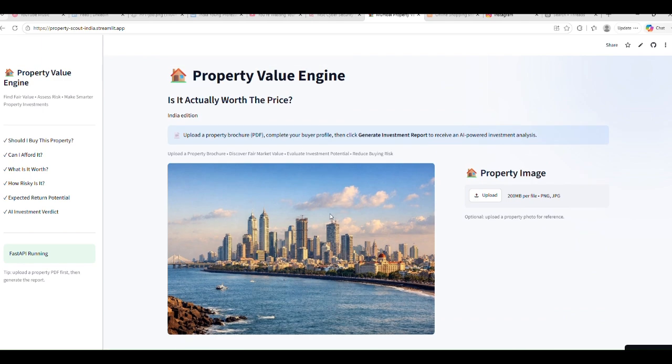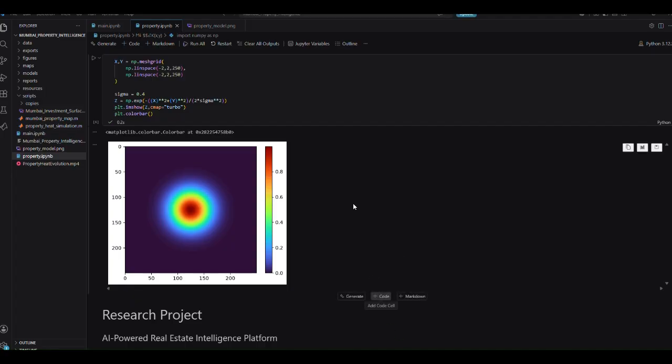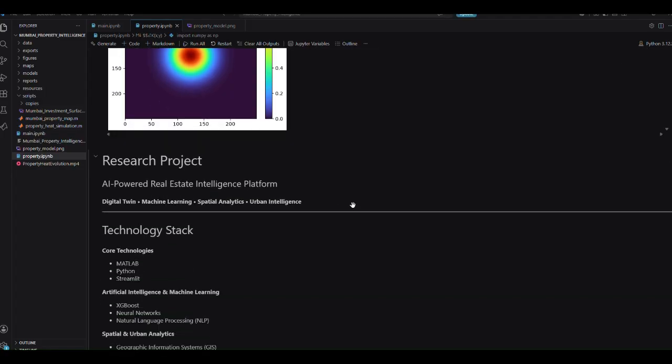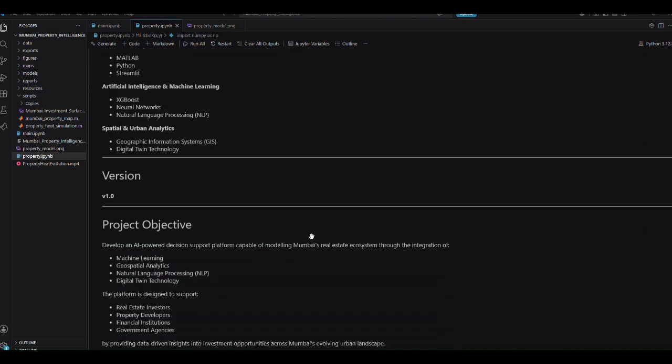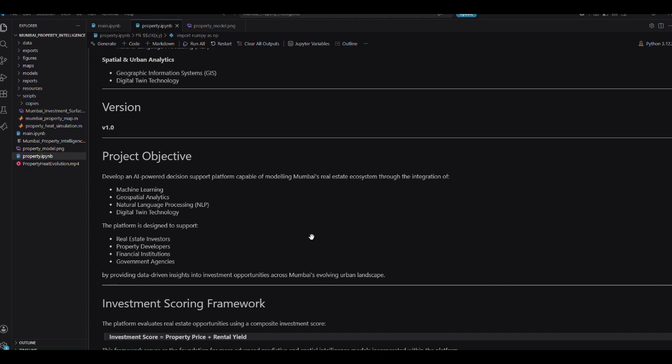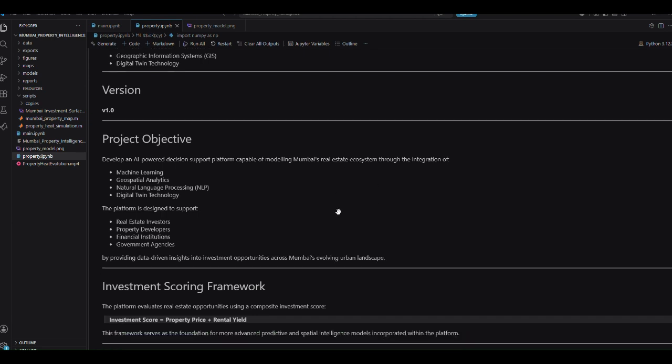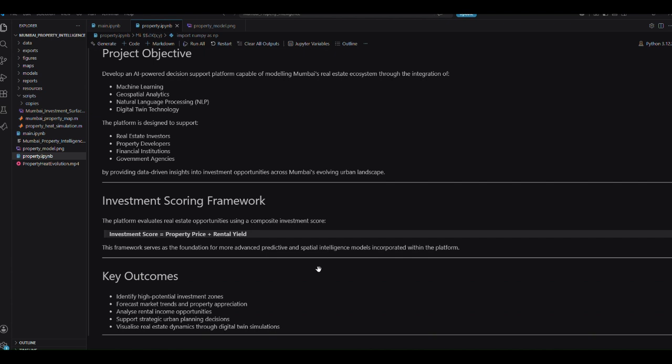So we're trying to use the heat kernel to create that analysis, part of it at least. And of course, as we mentioned earlier, we're using MATLAB, Python, Streamlit, XGBoost, neural networks, a lot of different things really. The objective is to develop an AI-powered decision support platform capable of modeling Mumbai's real estate system. Of course, this would ultimately be generalized to any other city as well.